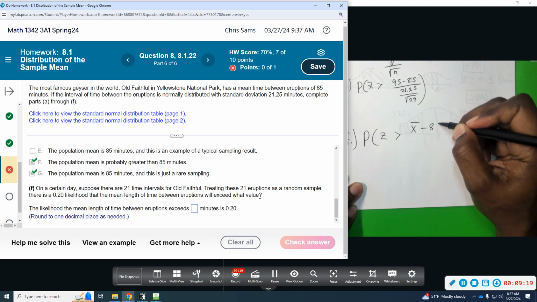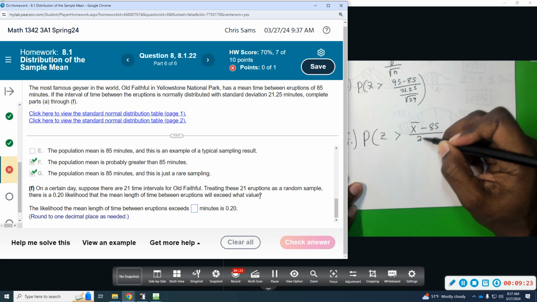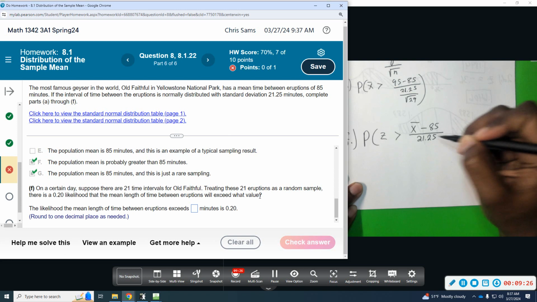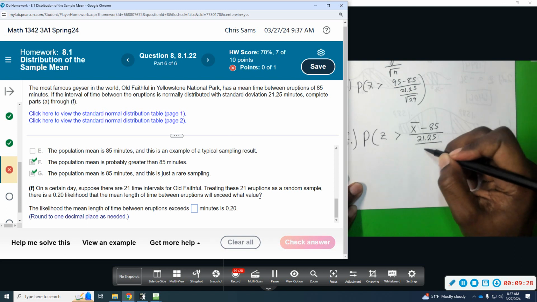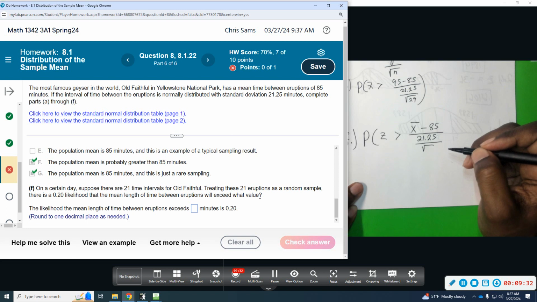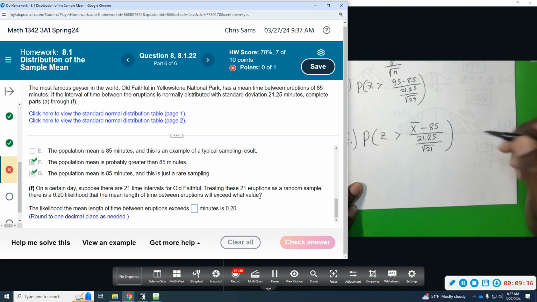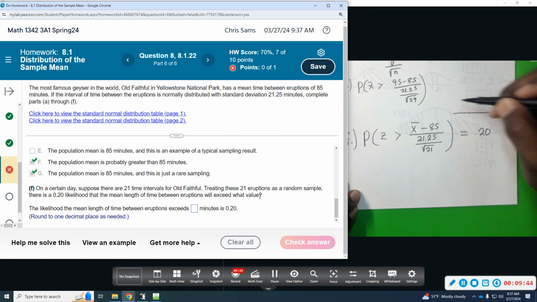X bar minus 85, divided by 21.25 over the square root of the sample size, which was 21, and we are told that this is equal to 20%, or 0.20. So we are going to use the standard normal.